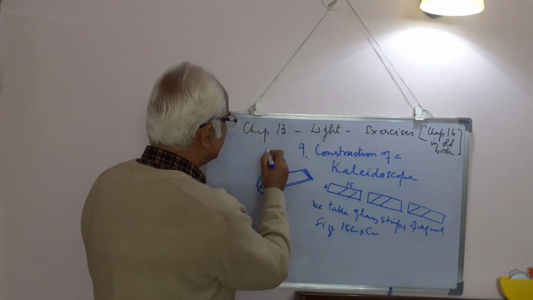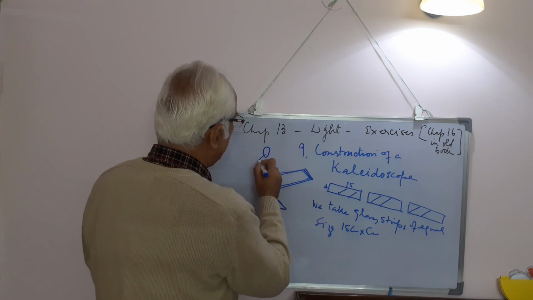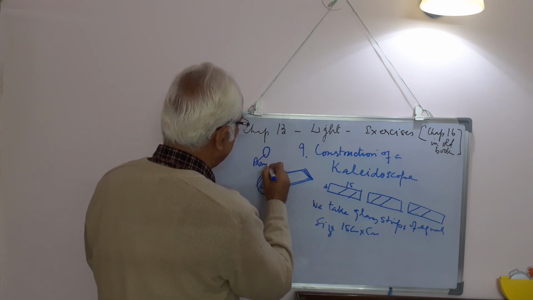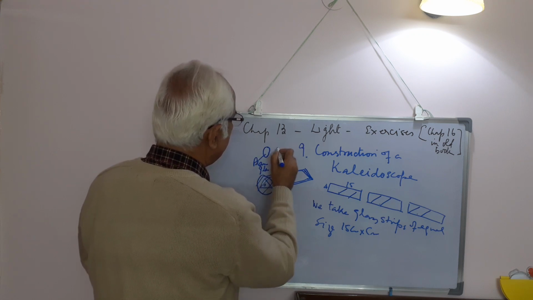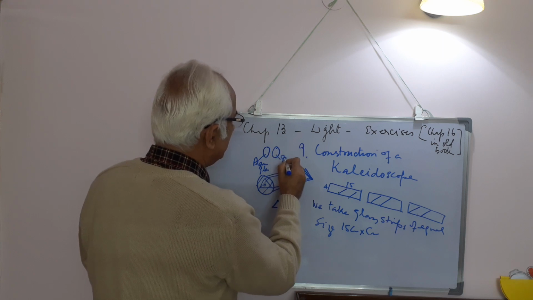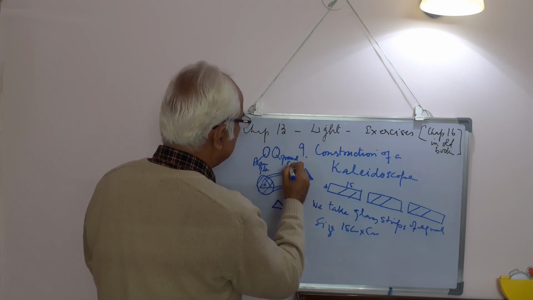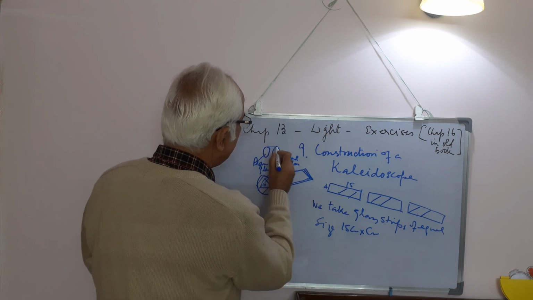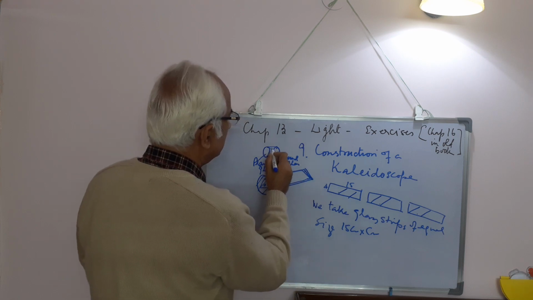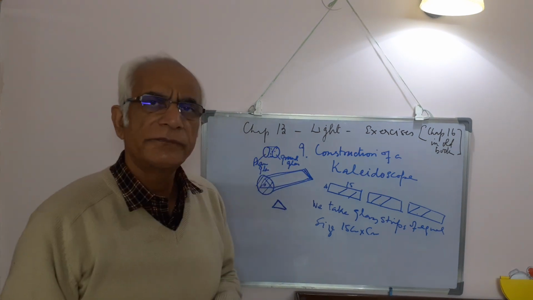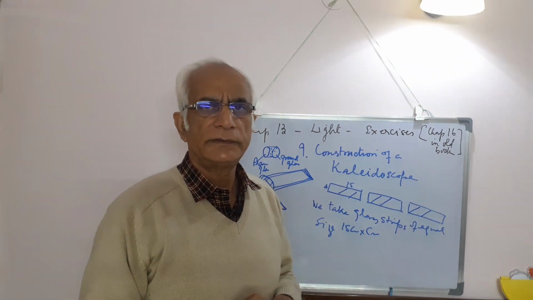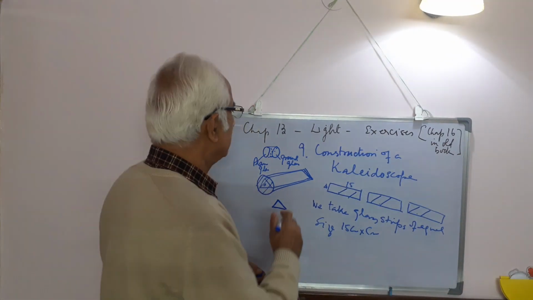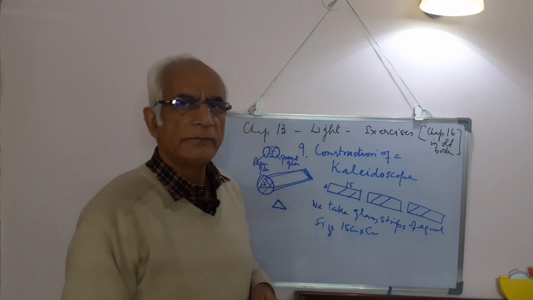So there are 2 discs: one plain glass, and the other ground glass which is white in color. Between these 2 discs, we'll put those pieces of bangles or beads, and then we will fix it properly.